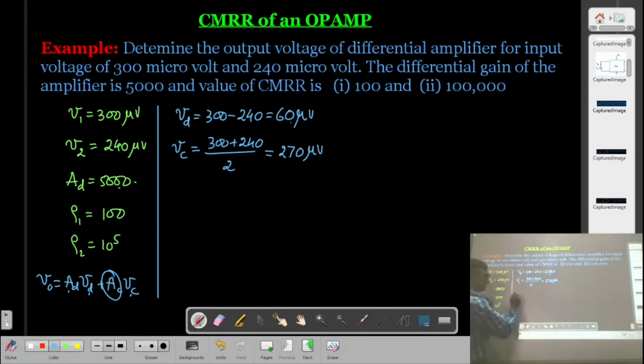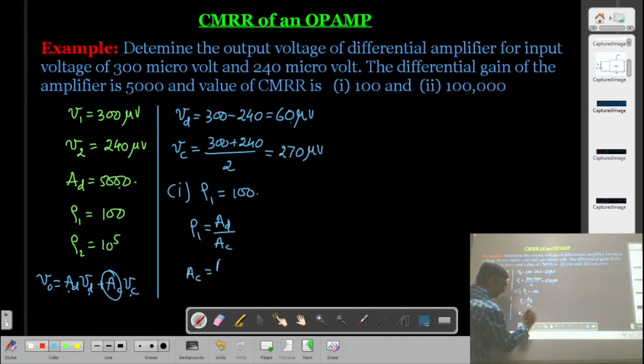Okay? So for two different values of rho, we will calculate the common mode gain. First of all, we take rho 1 equal to 100. Now we know that rho 1 is equal to AD by AC, and therefore AC will be equal to AD by rho 1. Correct?